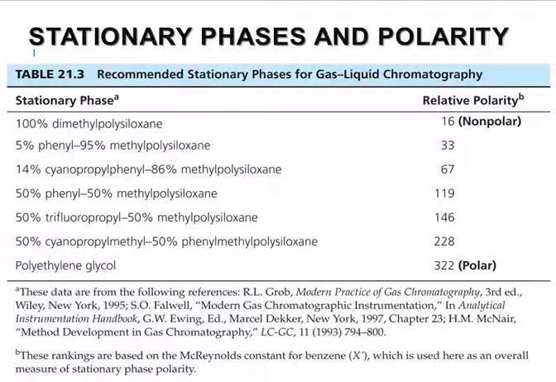Over here to the side, you see why the choices exist. And this gives me relative polarity. So dimethyl polysiloxane 100%, that is basically nonpolar, right? I'm not going to really play off of functional groups. I'm not going to play off of the polarity of the compounds that I inject into the machine, which means charges.